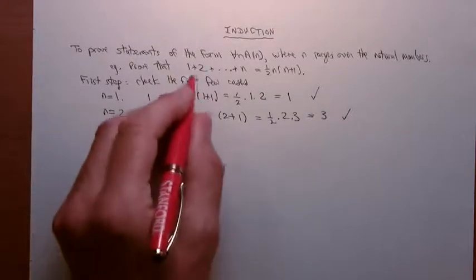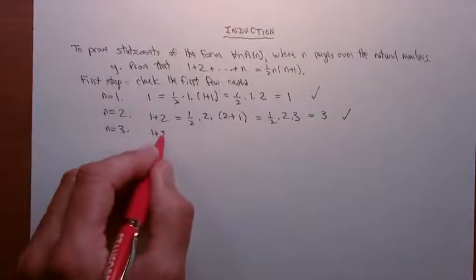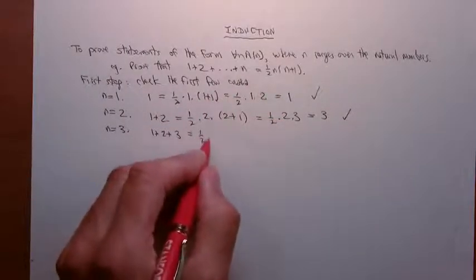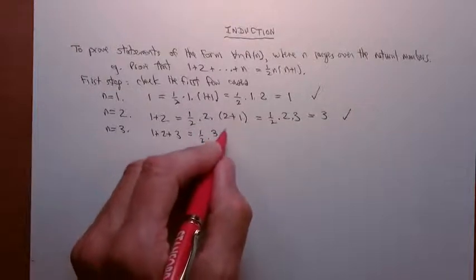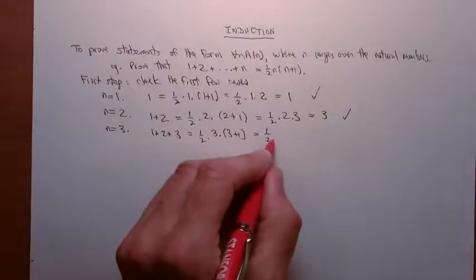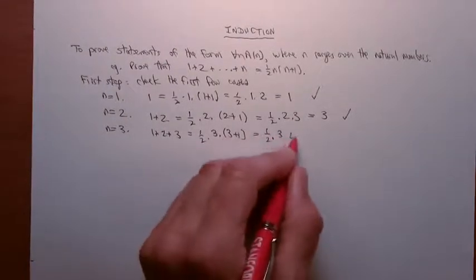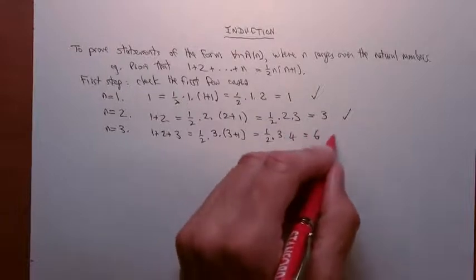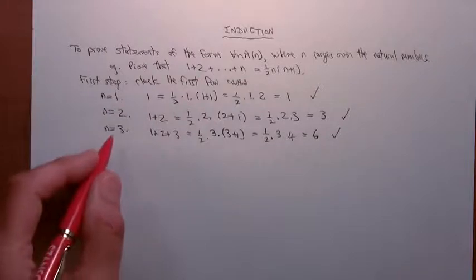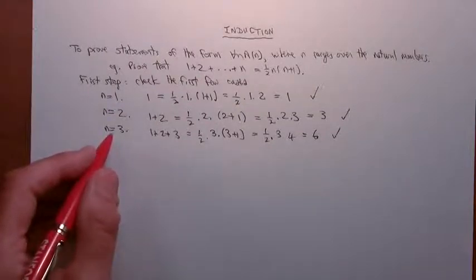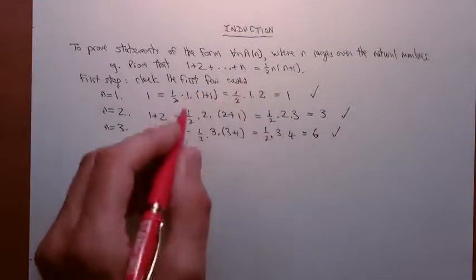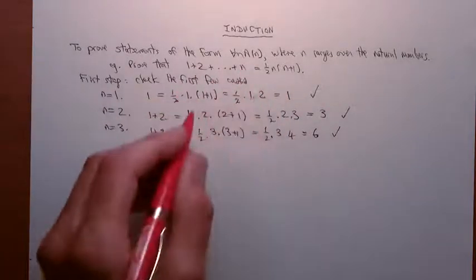What do we get then? We get 1 plus 2 plus 3 equals a half times 3 times (3 plus 1), which is a half times 3 times 4, which is 6, which is correct. So the formula checks out for the first 3 cases, and we might want to do a couple more cases. But at least that gives us some sense of what's going on. By doing this, we understand what the equation's saying.